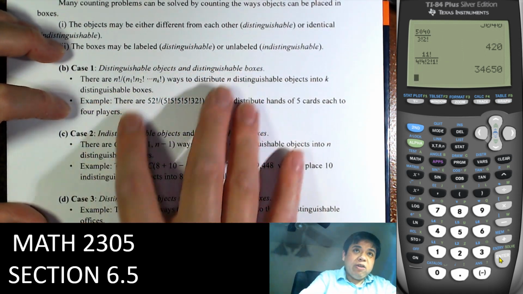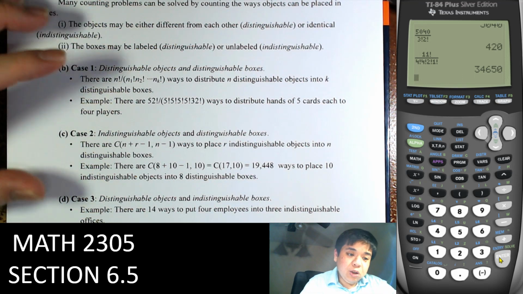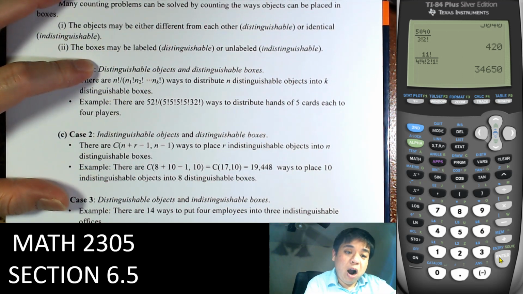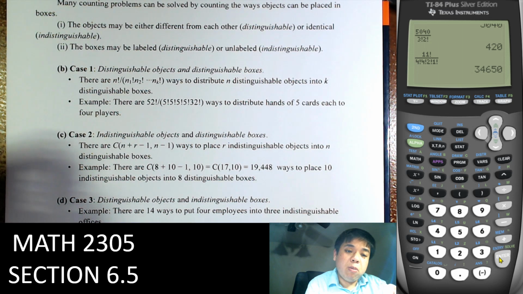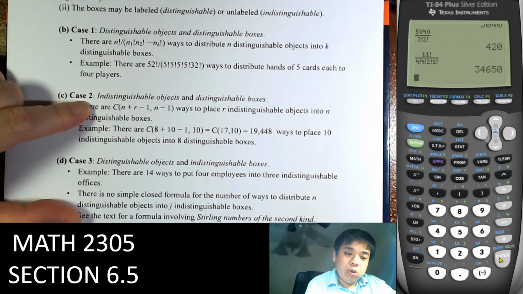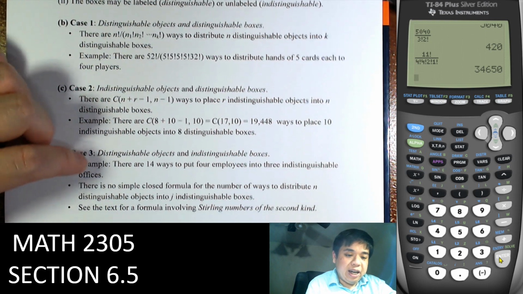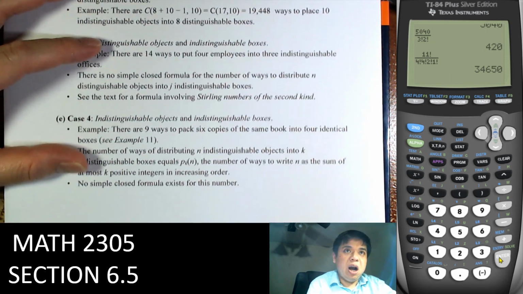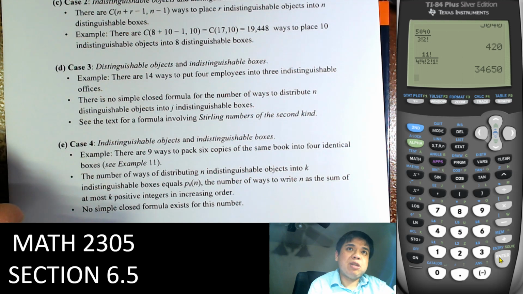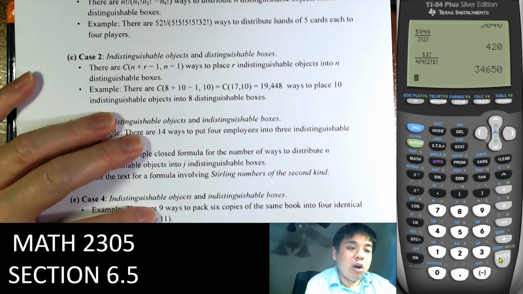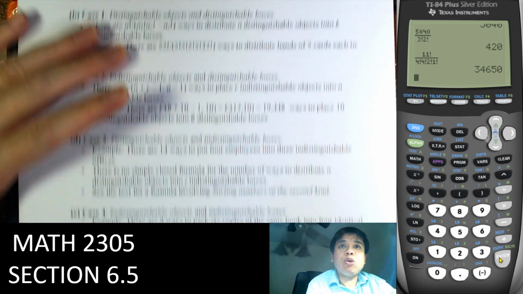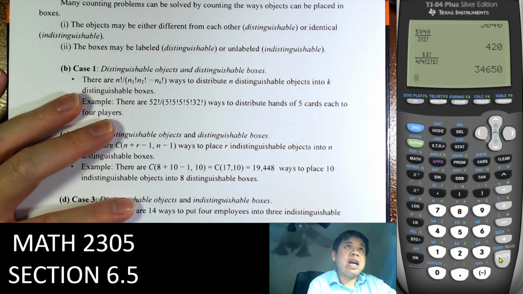So we have 4 different scenarios here. We might have distinguishable objects into distinguishable boxes, or indistinguishable objects into distinguishable boxes, and so on. For each one, we have to do it case by case and reason through each case. I'm just going to put that here to complete the section.